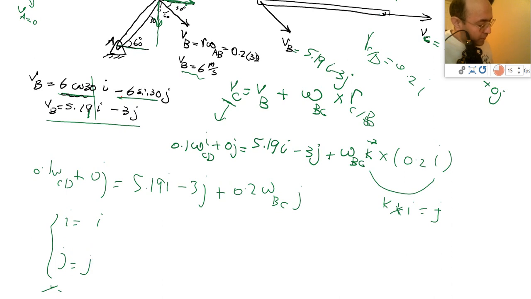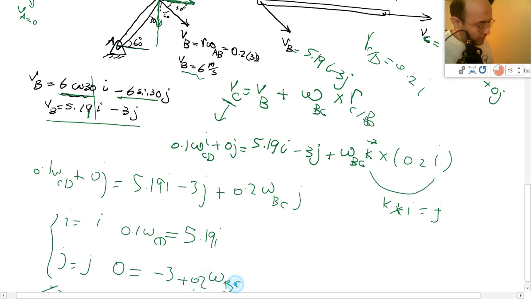Now, for the i component, we have 0.1 omega CD on one side, and on the other side we have 5.19. For the j, on one side I have 0, and on the other side I have minus 3 plus 0.2 omega BC.